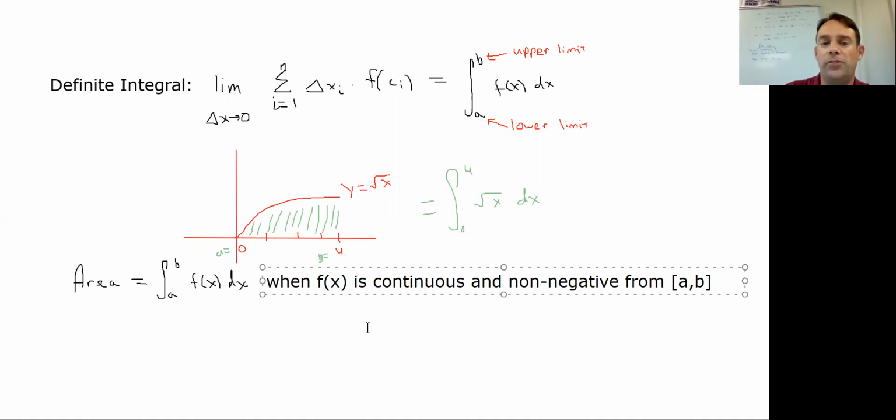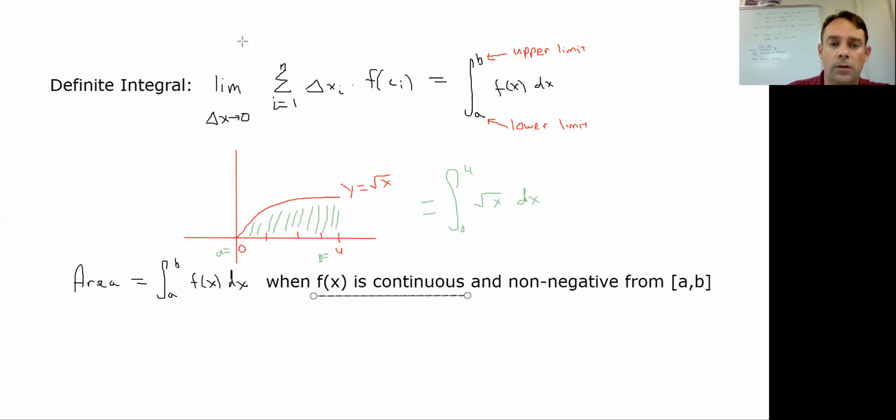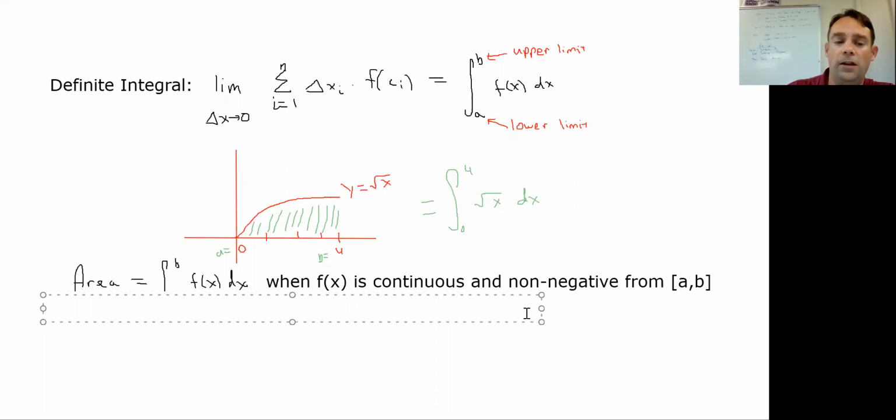Well, this continuous thing, that's kind of an interesting idea right there. f of x is continuous. Because we had a theorem before, and the theorem essentially is just a little statement. It just said differentiability implies continuity.